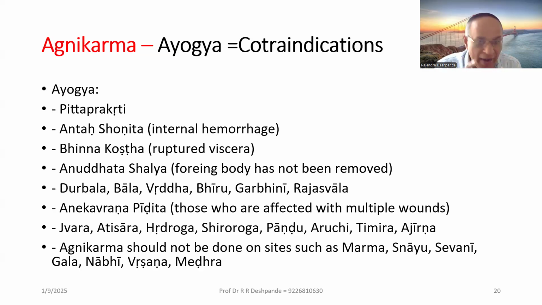You can do the Agni Karma, but be very cautious in a Pitta dominant person or Pitta dominant diseases. You should be cautious enough because again Agni is hot, Pitta is hot, and hot, boom.